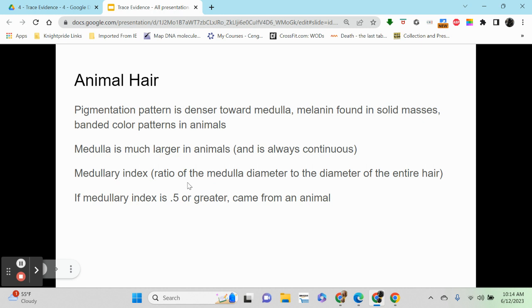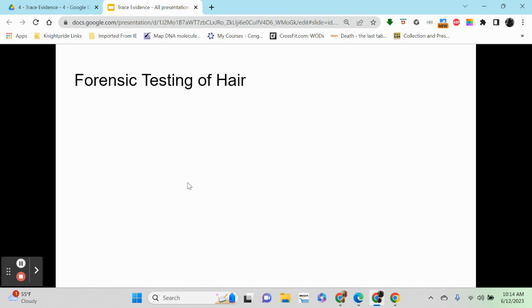Okay, so again, that 0.5 or greater. And then the cuticle in animals is not going to be flat and narrow. That's what we have, a very flattened and very narrow cuticle. In animals, it tends not to follow that same pattern. It tends to be more round and much larger in general. Not always, but oftentimes. Okay.